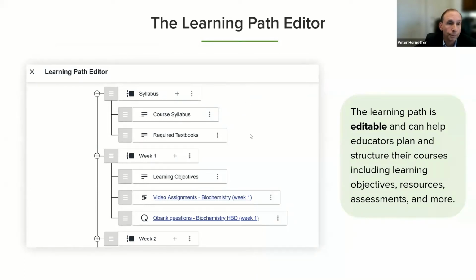There's an editor, and as you can see, you can break it down by weeks. You have your syllabus. And then in any given week, and this again is a screenshot right out of one of the courses from AIMS, you can include your learning objectives, associated video assignments, and QBank questions, or any other kinds of recall questions.